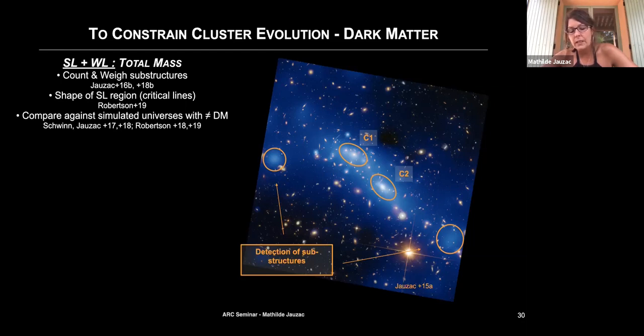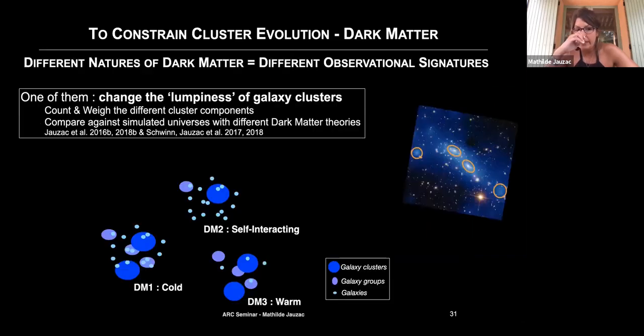One way to do that is to count and weigh the different substructures that I've been telling you about. Different dark matter types are going to give you different observational signatures.